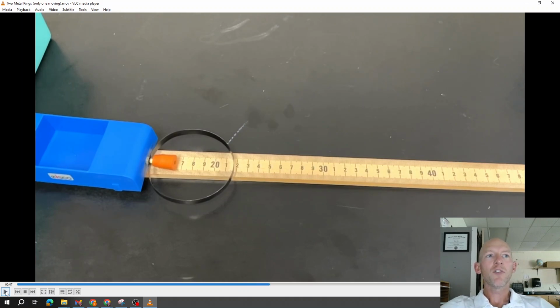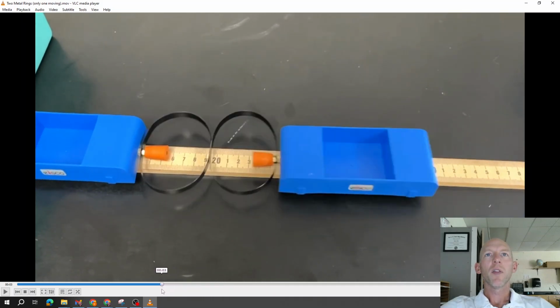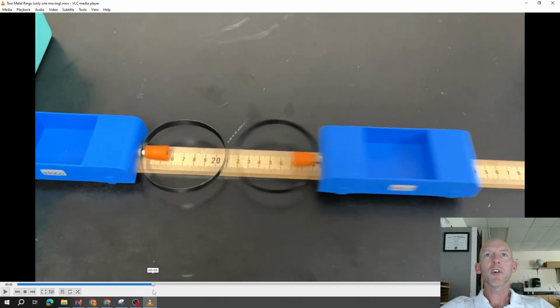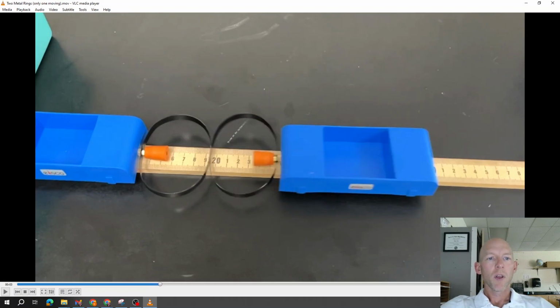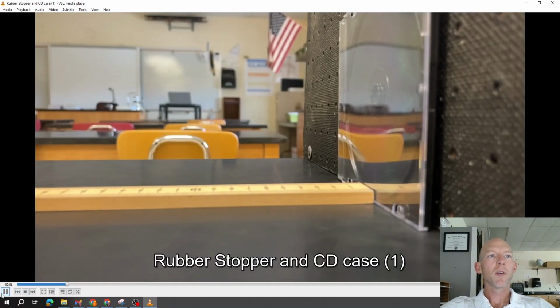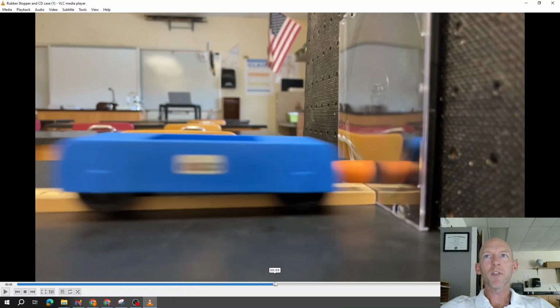We also noticed changes in shape when these two rings run into each other. The shape of them changes. They were circle, they went to oval. When the rubber stopper ran into the CD case, the rubber stopper scrunched up a little, I heard people say.